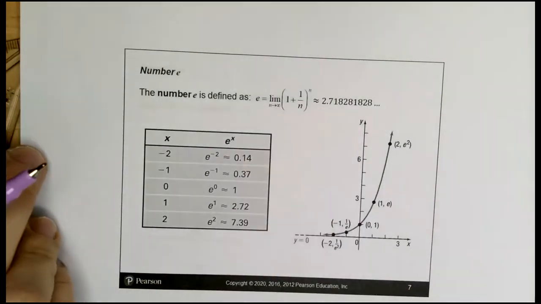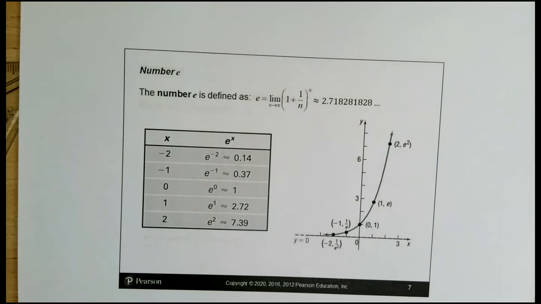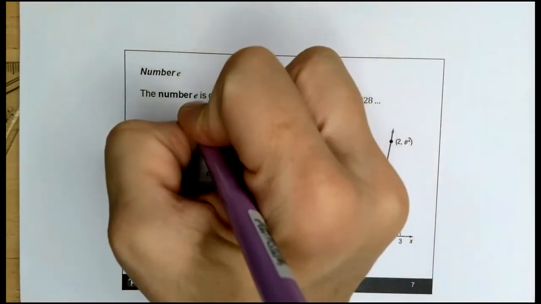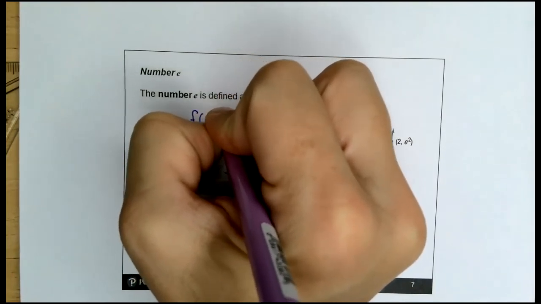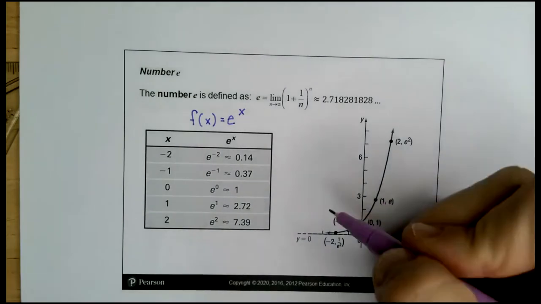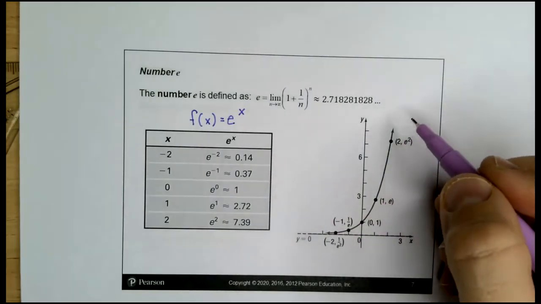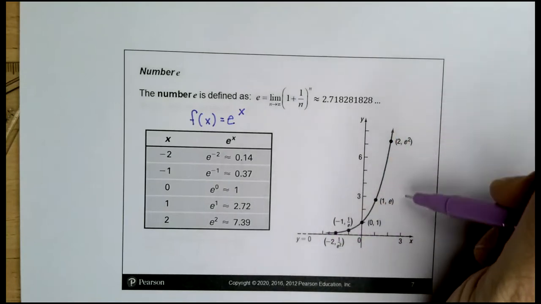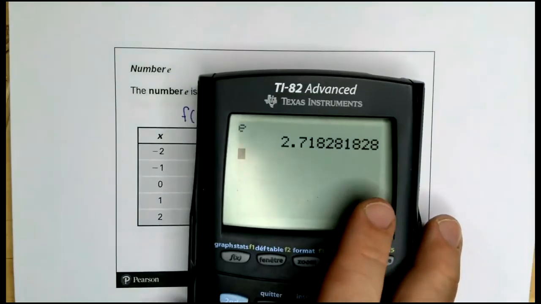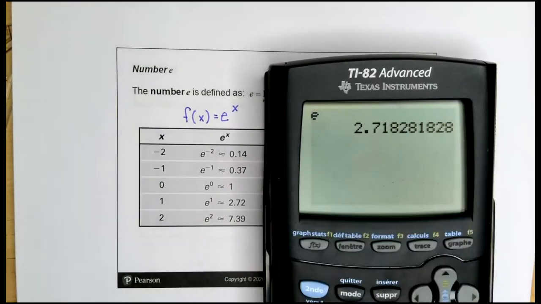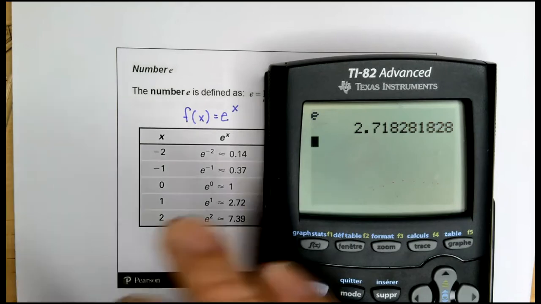2.718281828. Good. So if we wanted to graph the equation f of x equals e to the power of x, we would need to calculate each of these, right? And since it is 2.71, that is greater than 1, so that is growth.